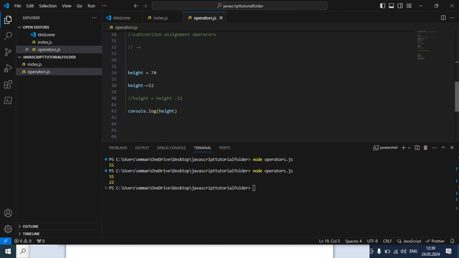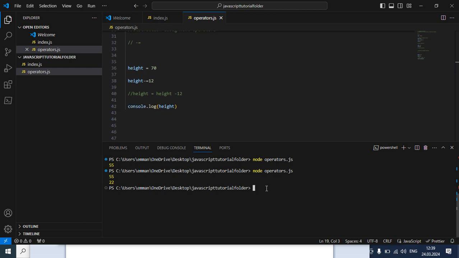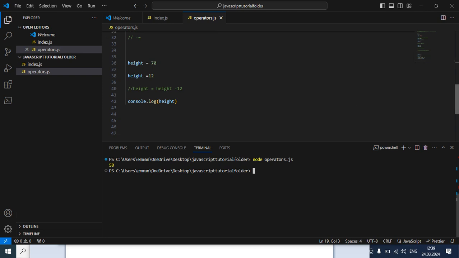So let's go over to our console and I clear this. So you can see that what it does is 70 minus 12. So that is the subtraction assignment operator.